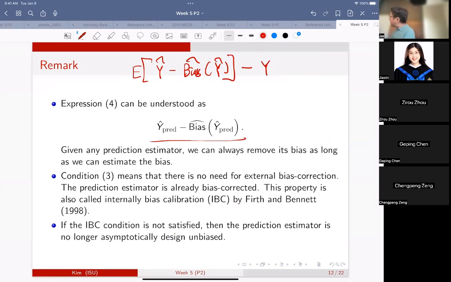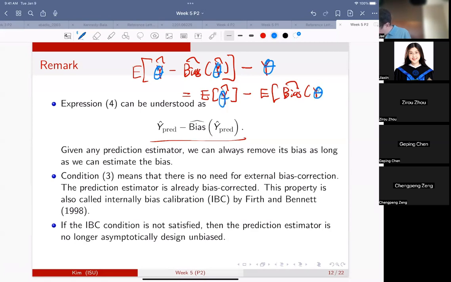The expectation of the bias corrected estimator minus the parameter you are interested in, to make it more general, let's write theta hat minus theta, and then the bias is 0.